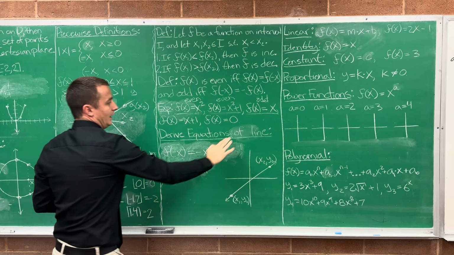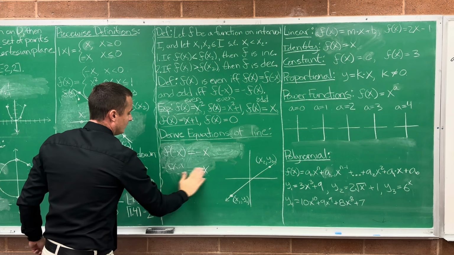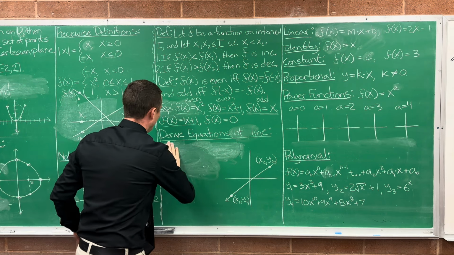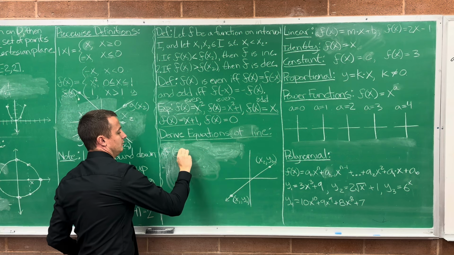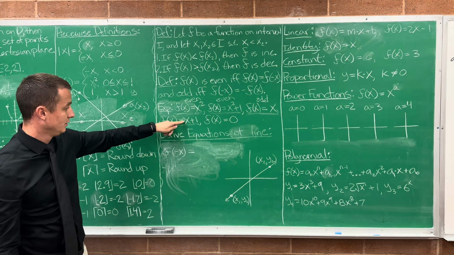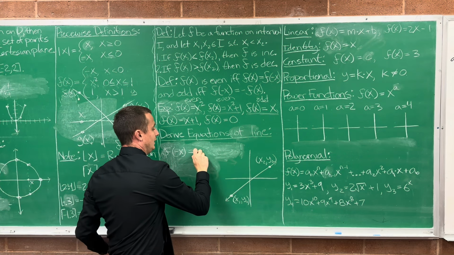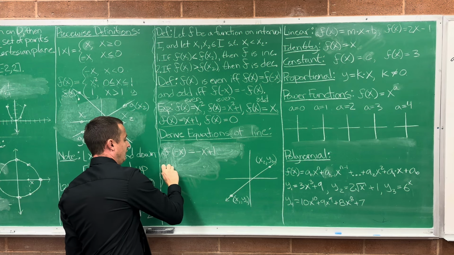X plus 1. So now we're looking at this function. What is f of negative x equal to? Negative x plus 1. What is negative f of x equal to?